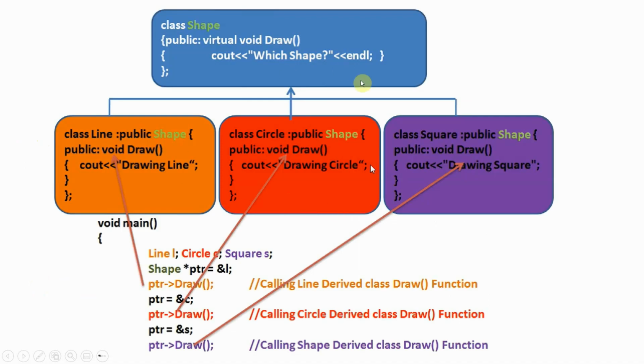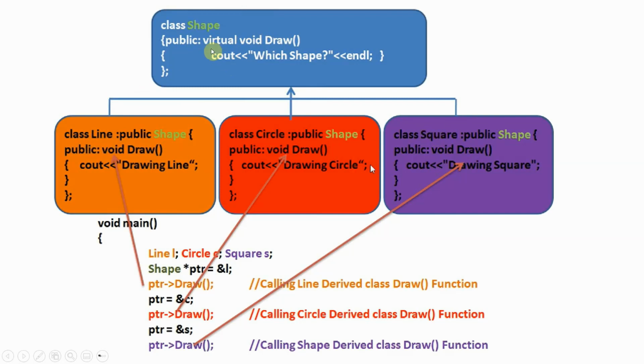This is another example. Many times in programs we would have one superclass, let's say class Shape, and then we might have some virtual functions like draw, area, or circumference. Subclasses are derived from class Shape: class Line, class Circle, class Square.